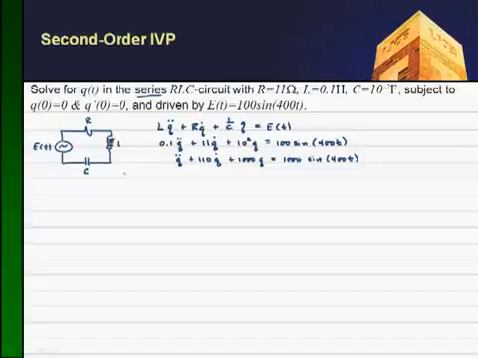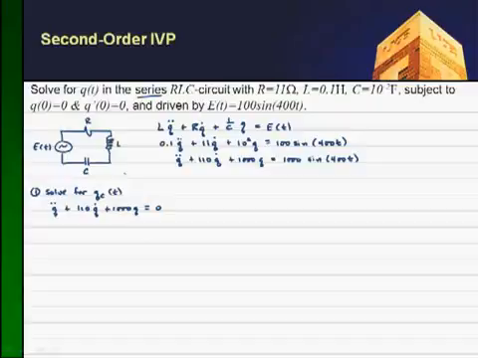Okay, so let's go ahead first and solve for the complementary solution, Q_C of t. So if I write out the homogeneous equation, I get Q double dot plus 110 Q dot plus 1,000 Q is equal to 0.